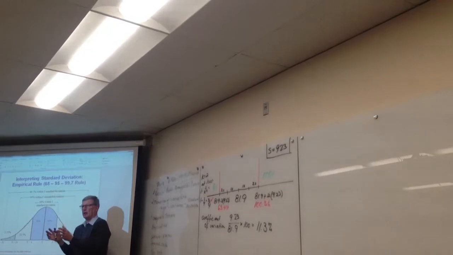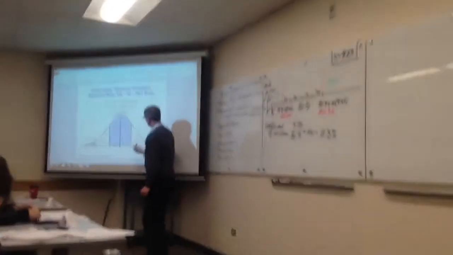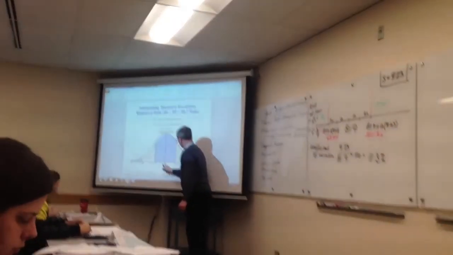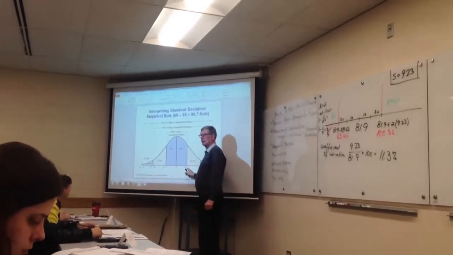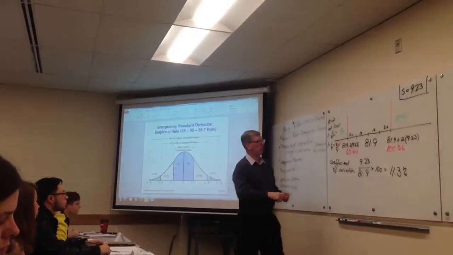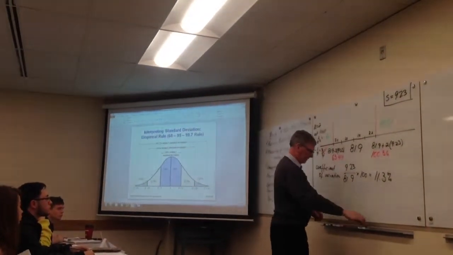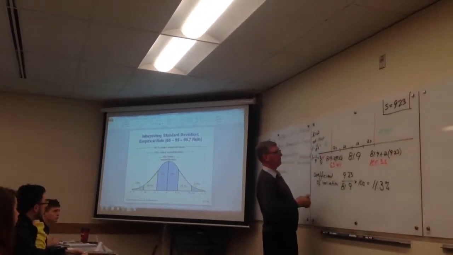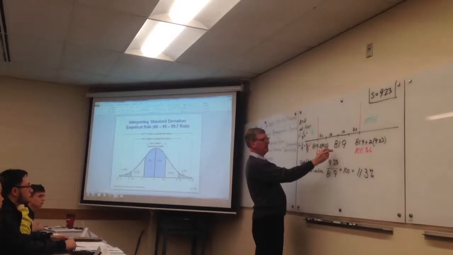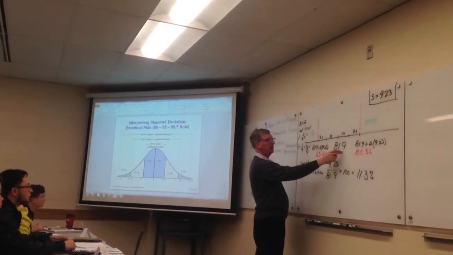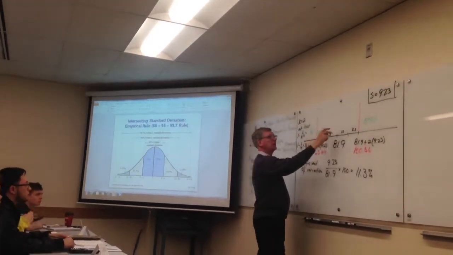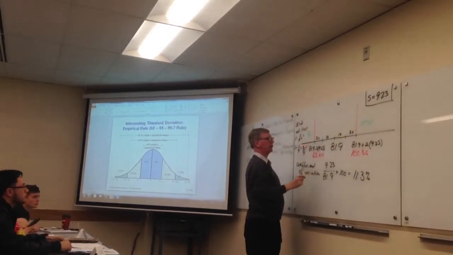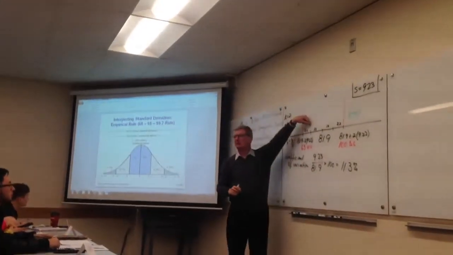What would be the next check I'd look at? So let's go to only 1 to the left and 1 to the right. If I only go 1 to the left and 1 to the right, what would the boundary be here if I just go 1 to the left? It would be 81.9 minus 9.233. So somebody give me this number here if I go 1 to the left and 1 to the right.